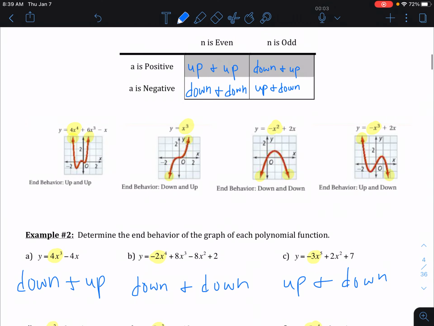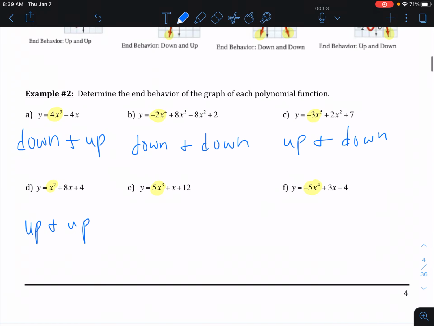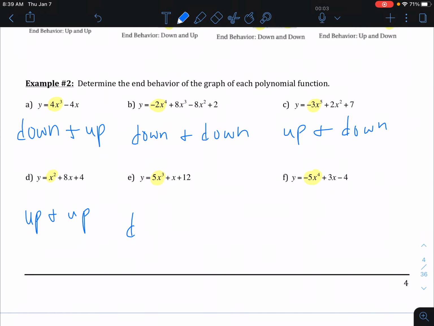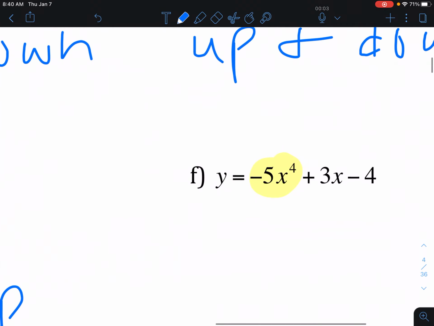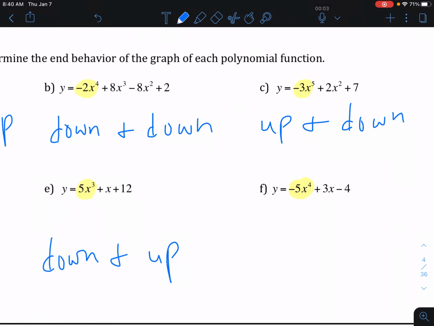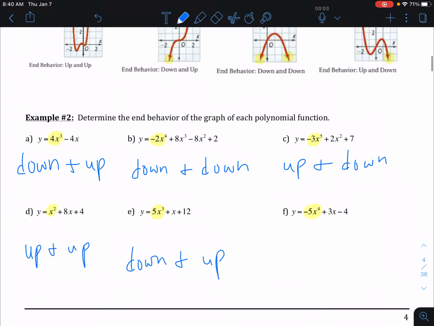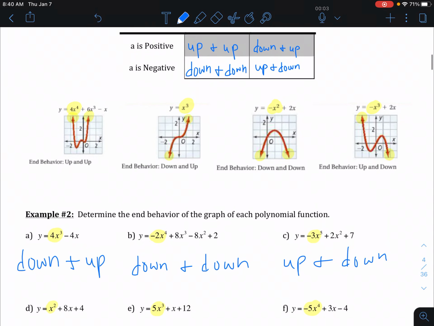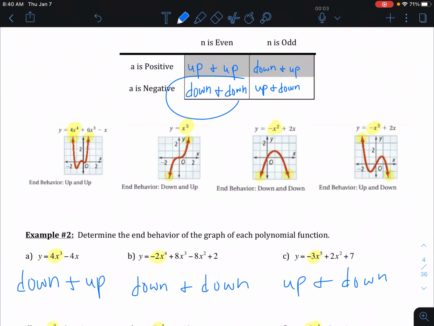Positive and odd. So that would be right here, down and up. And then the last one, the a is negative and the exponent is even. So negative even would be down and down.